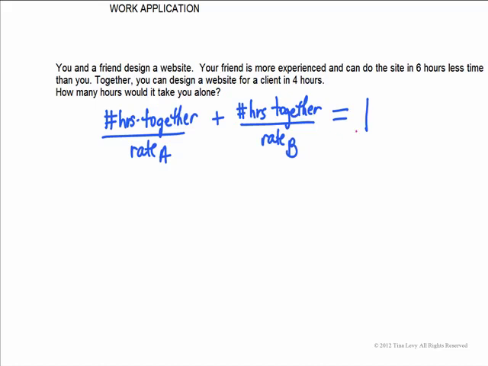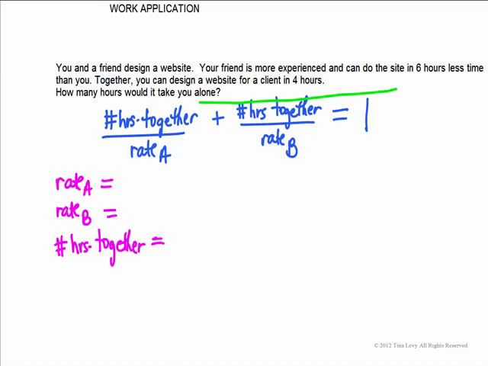For each problem, we have to identify what is rate A, what is rate B, and what is the number of hours together. Sometimes I just call it the together part. This is the formula that you can memorize that's going to give you the equations for your problem.